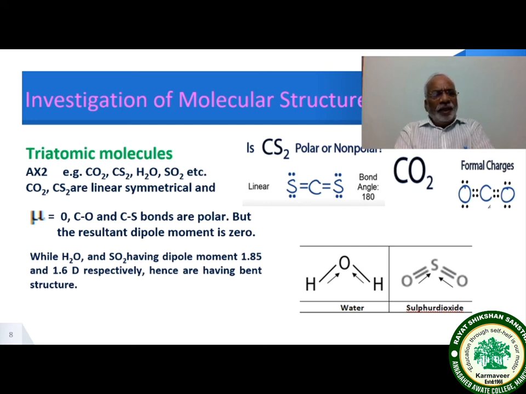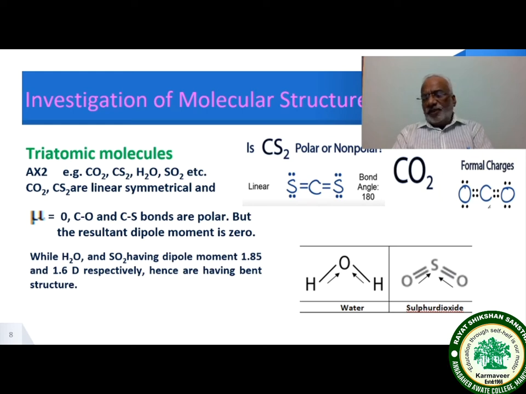In case of H2O and SO2 molecules, you will find the dipole moment is non-zero in nature. One is 1.85 and one is 1.6 Debye. For water, it is 1.85 Debye. Now, the other possible structure for triatomic molecules is the bent structure.